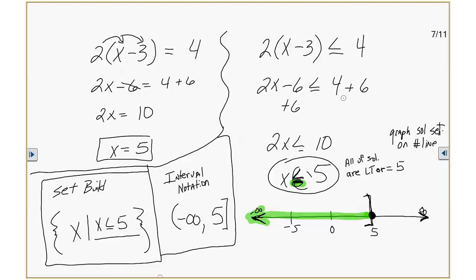So there's 2 or 3 things I'm going to ask you to do in this section 6.5. 1, I'm going to ask you to solve. 2, I'm going to ask you to graph it. And 3, I'm going to ask you to write it in set builder notation and interval notation.